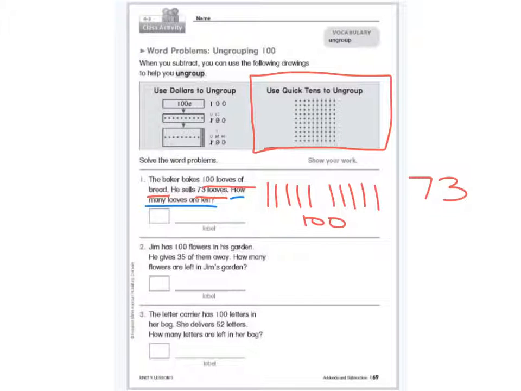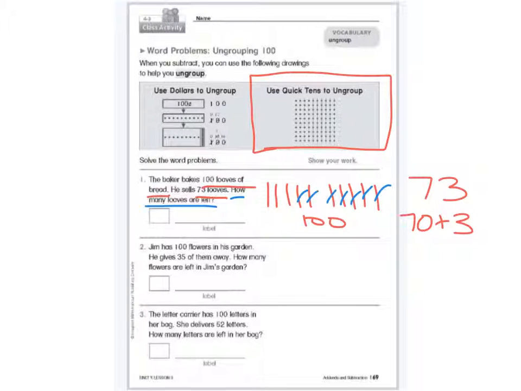So I'm going to start by turning 73 into ones and tens. My expanded notation is 70 plus 3. So I'm going to start by taking away 70. So if I count my tens, I'm counting 10, take that away, 20, take that away, 30, 40, 50, 60, 70.